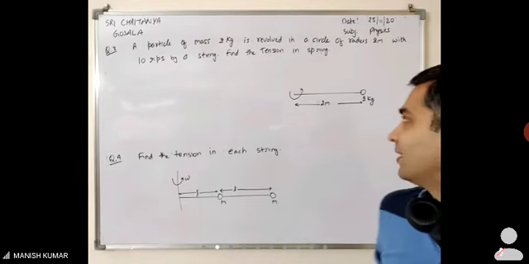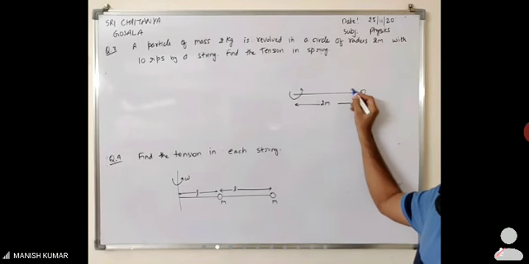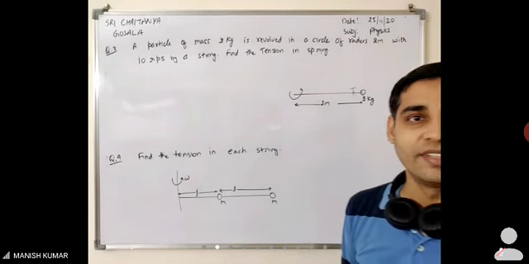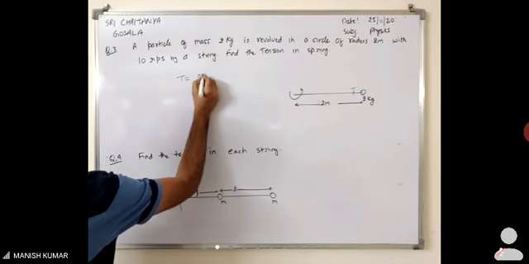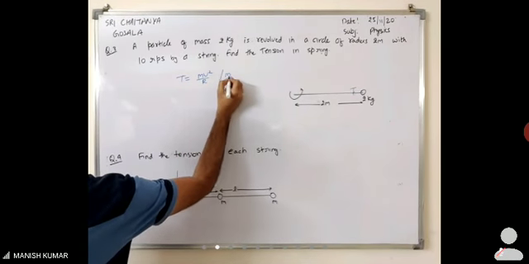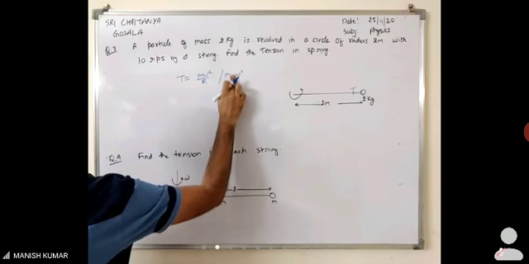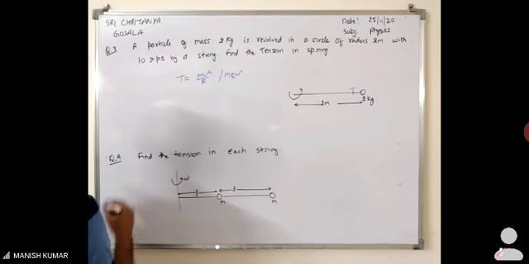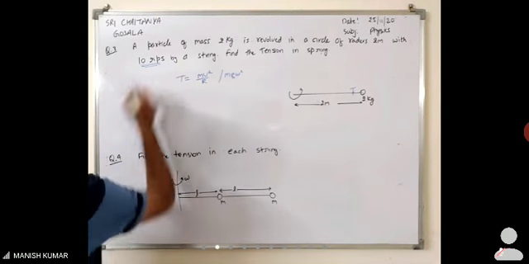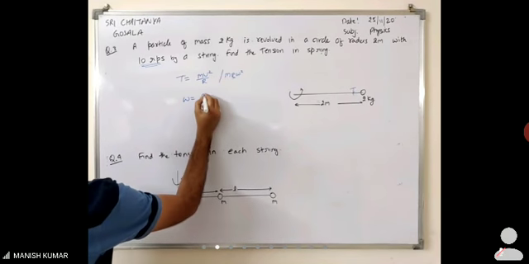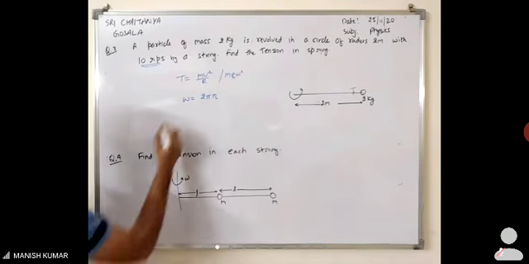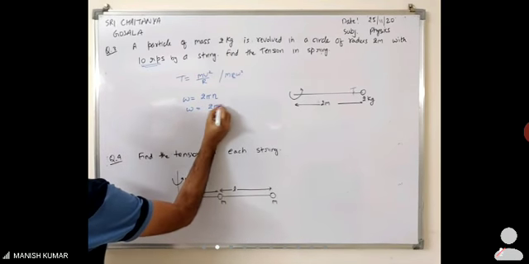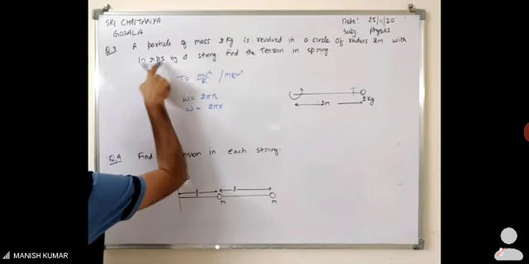So how to calculate this tension? Tension is providing the centripetal force. So tension must be equal to either mv square by r or m r omega square. Now omega is given, but this is not the omega. This is the frequency of revolution. So omega is 2 pi into n, 2 pi into frequency of revolution, that is revolution per second.